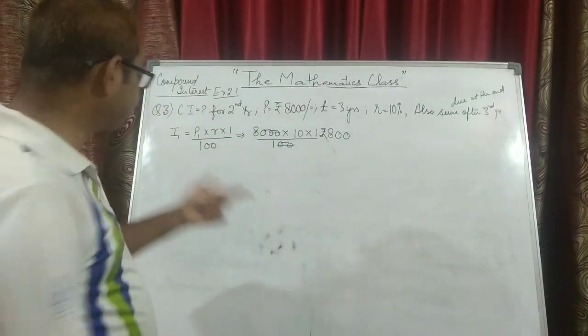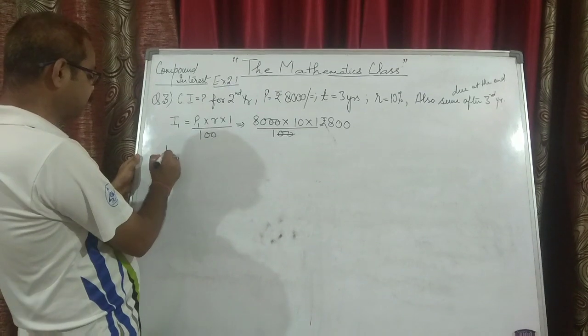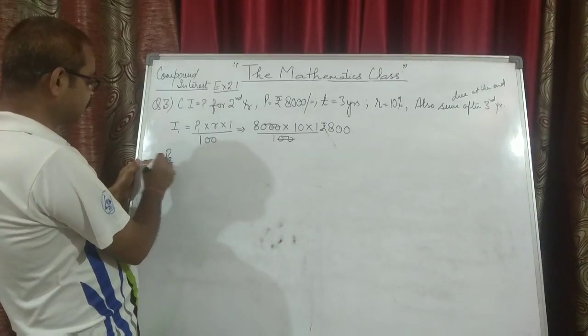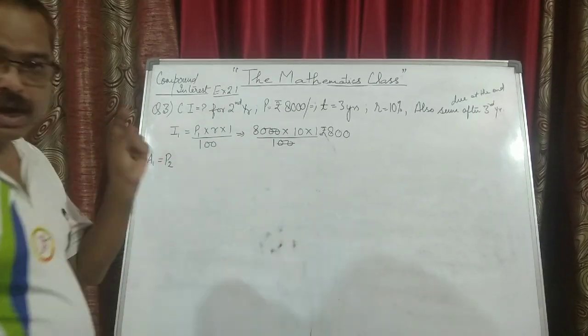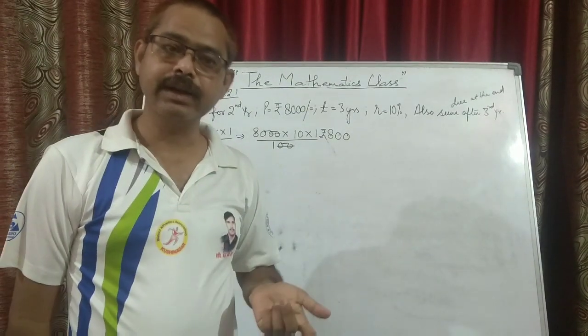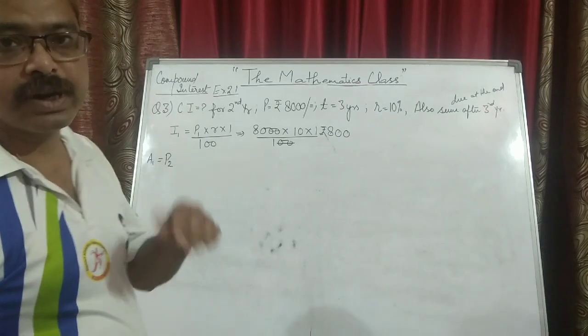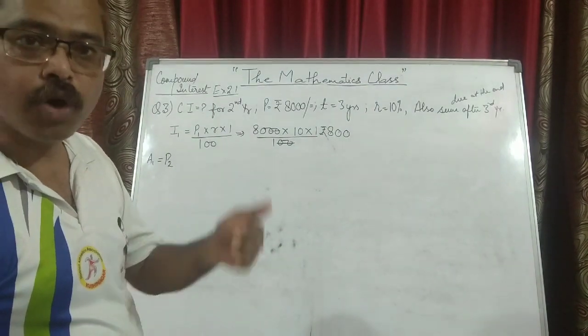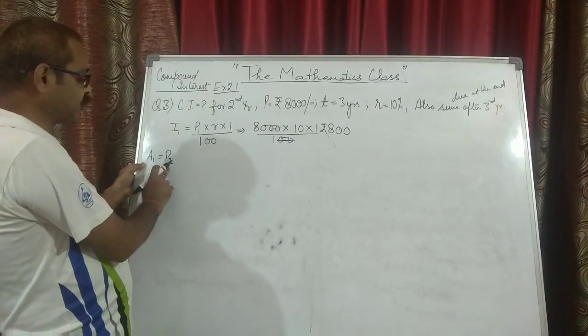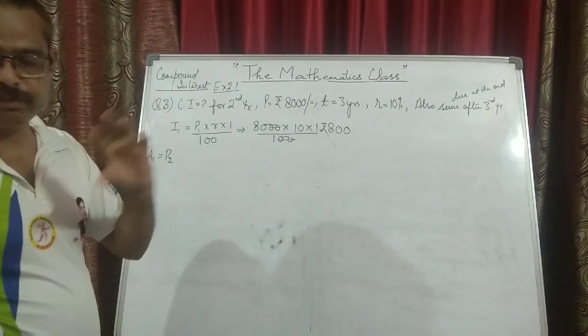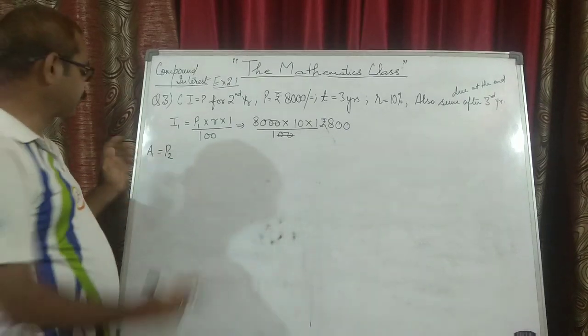So principal after first year, that is P2, you can say P2 or A1. A1 stands for amount after 1 year and P2 stands for principal for the second year. P2 is a better term because it stands for principal.